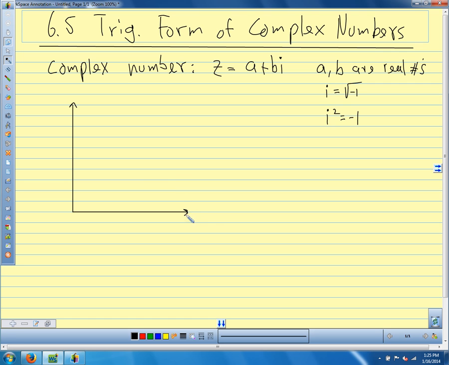And rather than the x and y axis, in the complex plane we're going to call this the real axis, and this the imaginary axis. And when we do this, z equals a plus bi, we can think of this as a point in the complex plane. So we call this the complex plane.